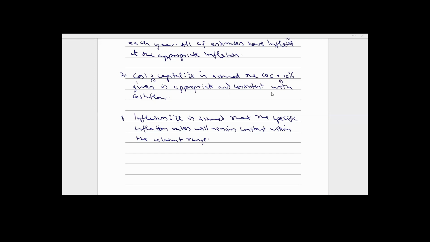Now, you asked a question on money cash flow and real cash flow. What you just said is the opposite of what I explained. When we started this topic under inflation, I mentioned that money cash flows are cash flows that incorporate the possible effect of inflation.